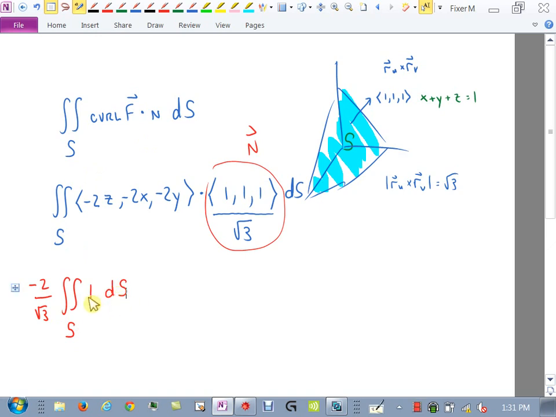It's the area of what? Which one? S, right? Not to confuse it with D from the previous problem. You see what I'm saying? We're not looking at the shadow on the ground now. We're looking at the actual face of that tetrahedron. Do you know the area of the face of that tetrahedron? Well, how do you find the area of a triangle?